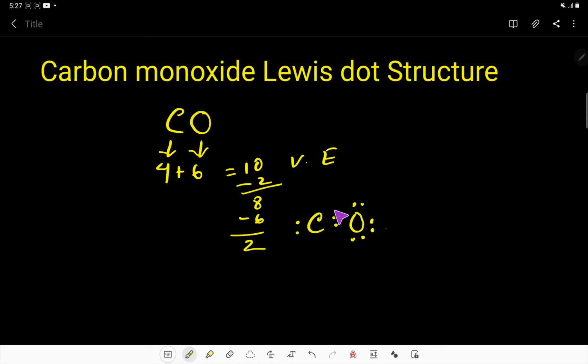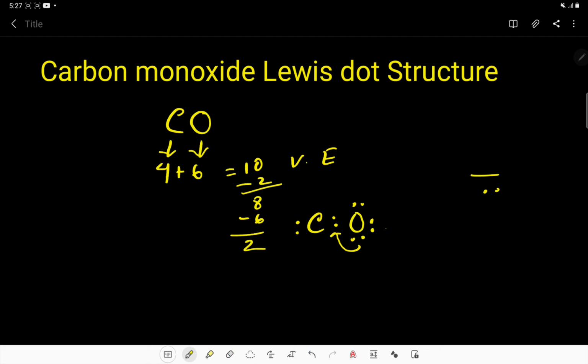Our task is to fulfill the octet of this carbon. So look, for this what will happen, this single bond means 2 valence electrons. So I can take these 2 valence electrons to here, right?